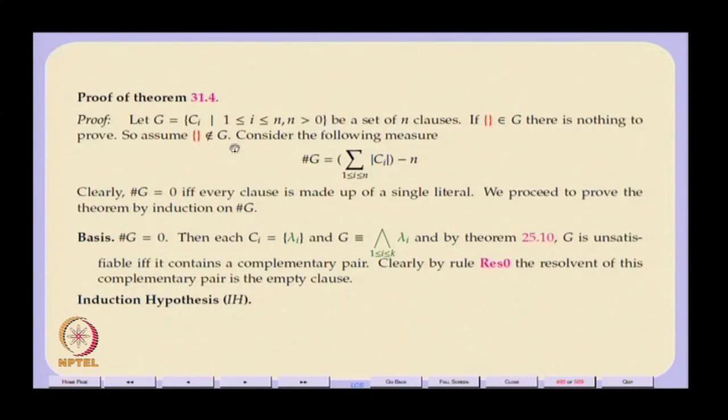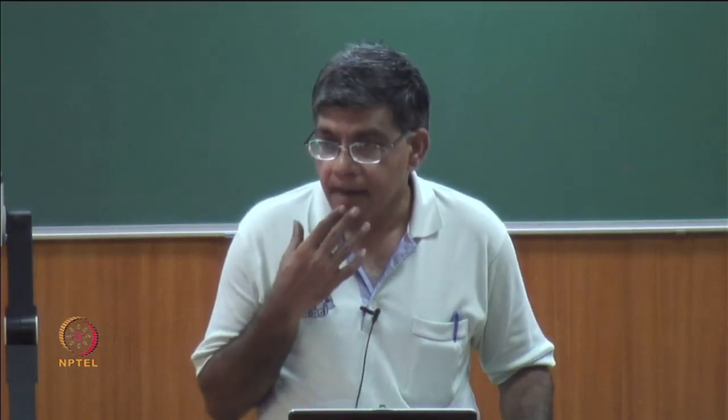If the empty clause is not in G, we consider this measure hash G. This hash G is just the sum of the sizes of the clauses minus the number of clauses, where n is the number of clauses. Now this measure is 0 if and only if every clause is made of a single literal.